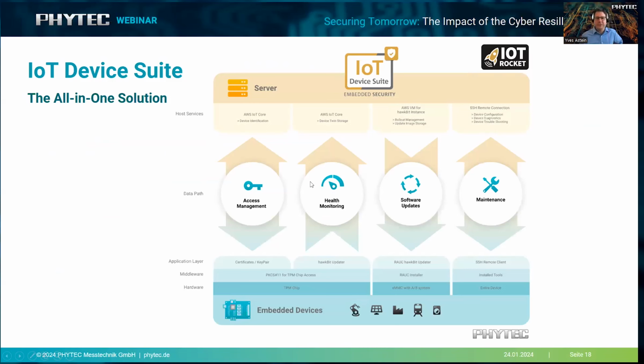And this solution has a lot more features, of course: access management, health monitoring of the devices. It, of course, does software updates, and it also has maintenance tools for the device so that you can access the device via remote client, for example, using SSH.